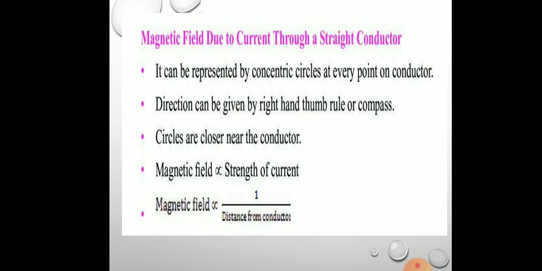For a straight current carrying conductor, the magnitude of the magnetic field is directly proportional to the strength of the current. That means as the current increases, the magnetic field increases. Next, it is inversely proportional to the distance from the conductor. As the distance from the conductor increases, the magnetic field decreases.